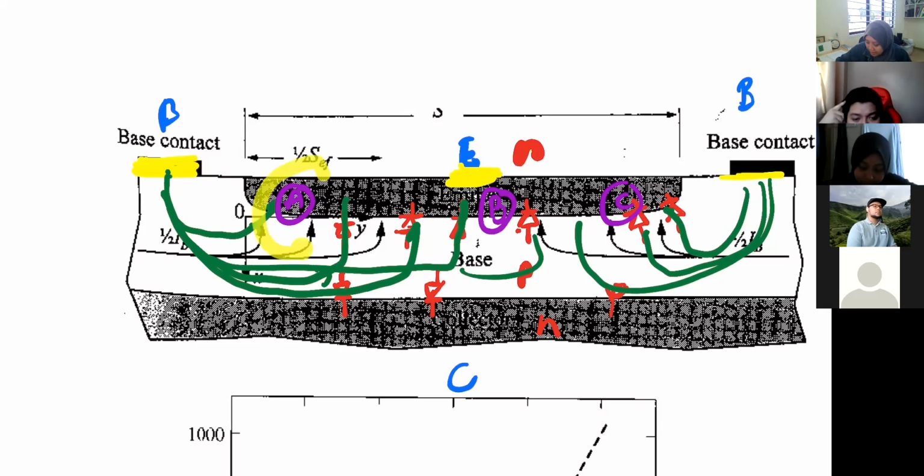Therefore, at this A and C region, we have a problem where the current will be high, right? And another thing, because of the base resistance, the voltage drop will be close to IR. As you go further from the base contact to the emitter diode junction, the resistance will be higher because the current has to go through the base longer, right?